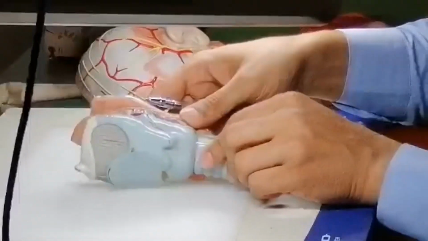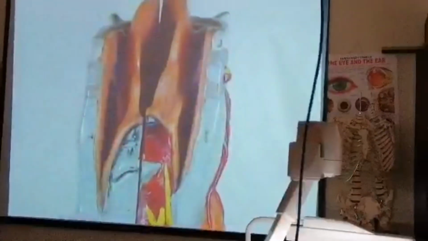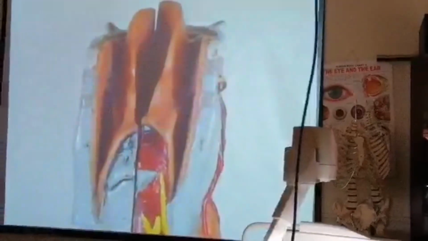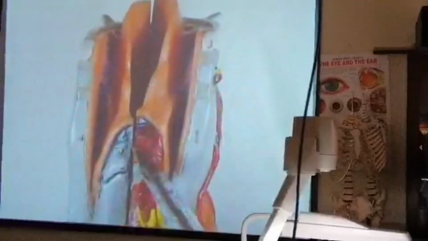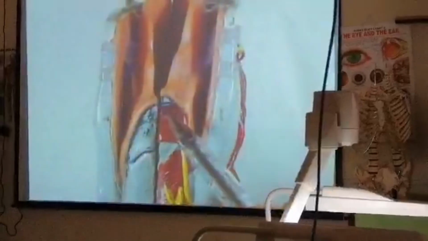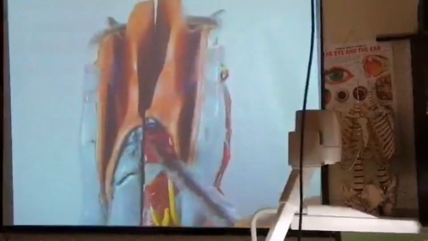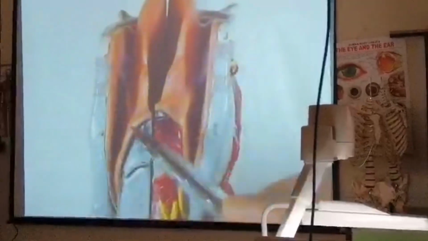Here on the posterior surface of the arytenoid cartilage we have these small muscles. If you see here this border, this strap of muscle which goes up also, this is the oblique arytenoid, two on each side.